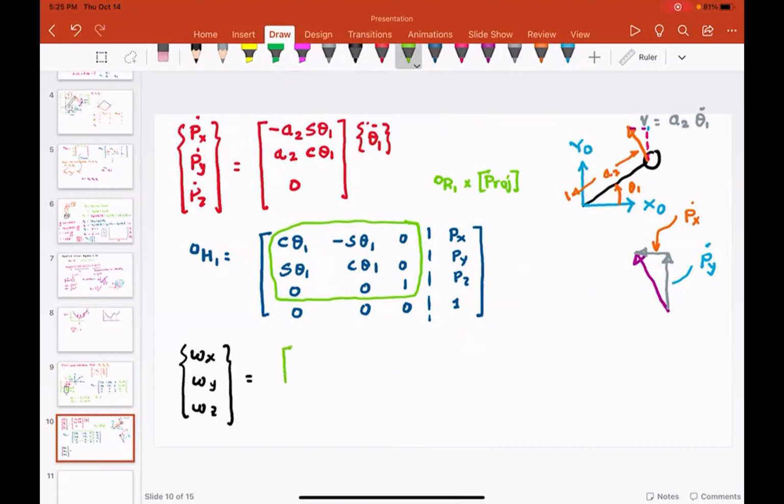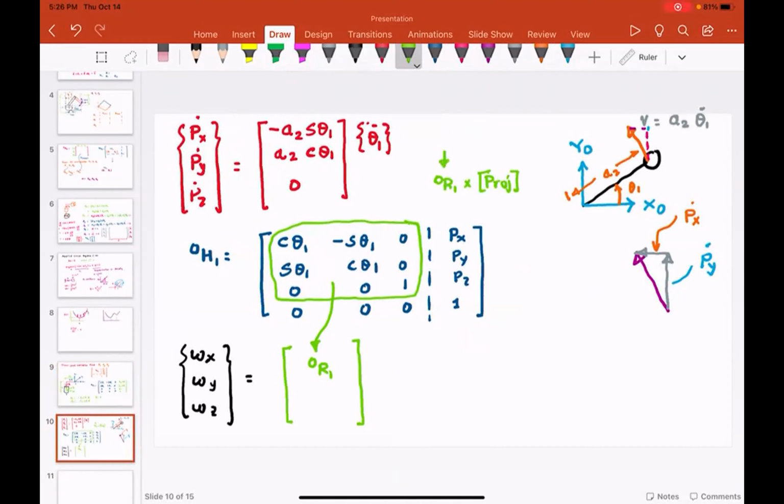The angular velocity of the end effector is given as 0R1, and this 0R1 is coming from 0H1. So this contains the projection matrix. Everyone please remember this. Your 0R1 is just the rotation transformation.